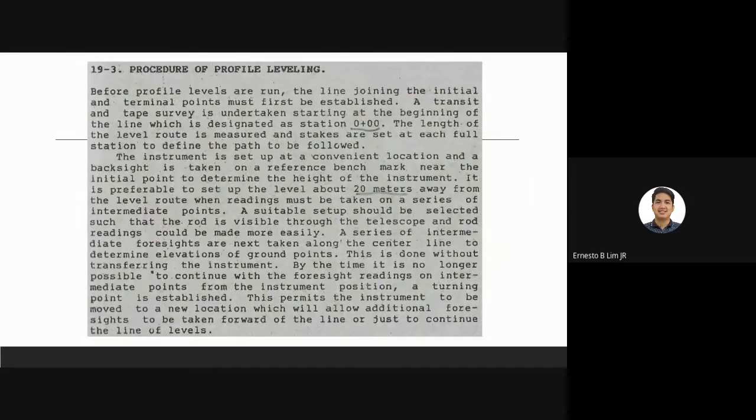Okay, so let's proceed to the procedure of profile leveling. Before profile levels are run, the line joining the initial and terminal points must first be established.